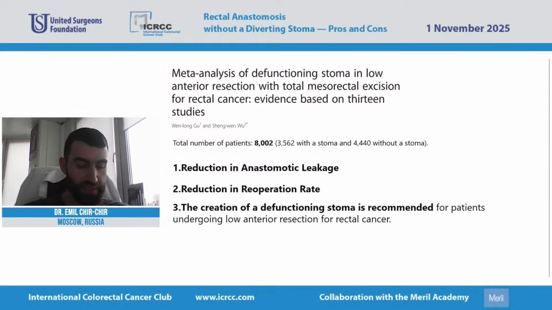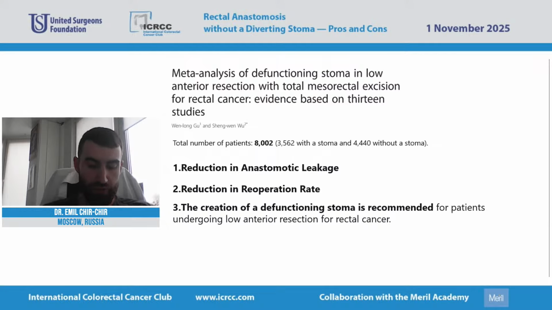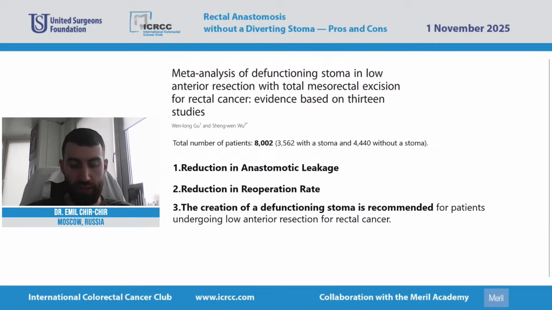The meta-analysis which studied the clinical outcomes of 8,000 patients with and without preventive stoma shows that the creation of a protective stoma significantly reduces the risk of postoperative anastomotic leakage.